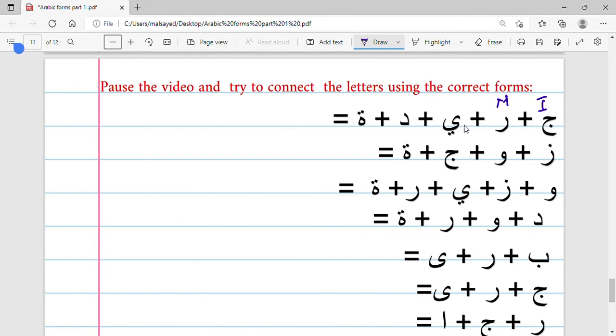Between the ra and the ya, ra doesn't connect, so we choose the initial of the ya. Between the ya and the dal, ya connects with after and dal connects with before, so we choose the middle. Now between the dal and the ta marbuta, dal doesn't connect with after, so we choose the independent form. So let's write that. This is the initial of the jim, the middle of the ra, the initial of the ya, the middle of the dal, and the independent of the ta marbuta.